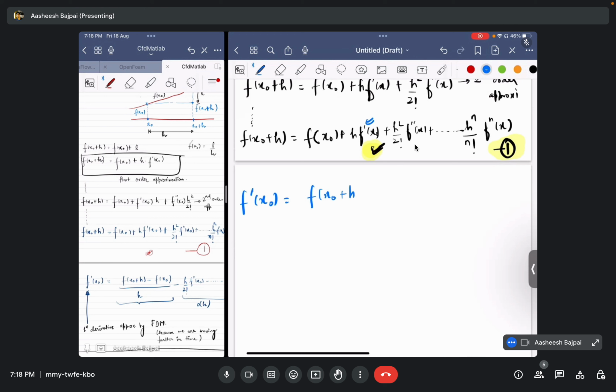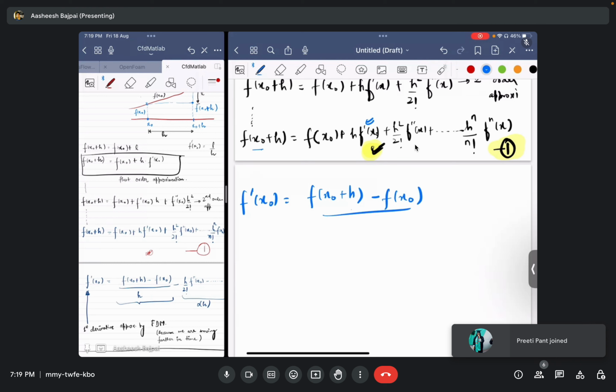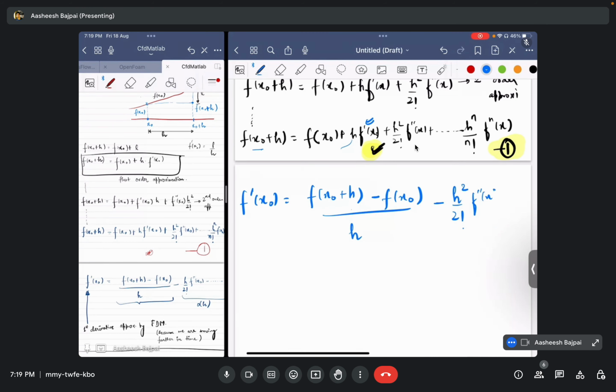Then what I will do: f(x naught plus h) minus f(x naught), by h, h will be in the denominator, minus h square by 2 factorial f double dash x naught, and it continues. This is one part and this is another.